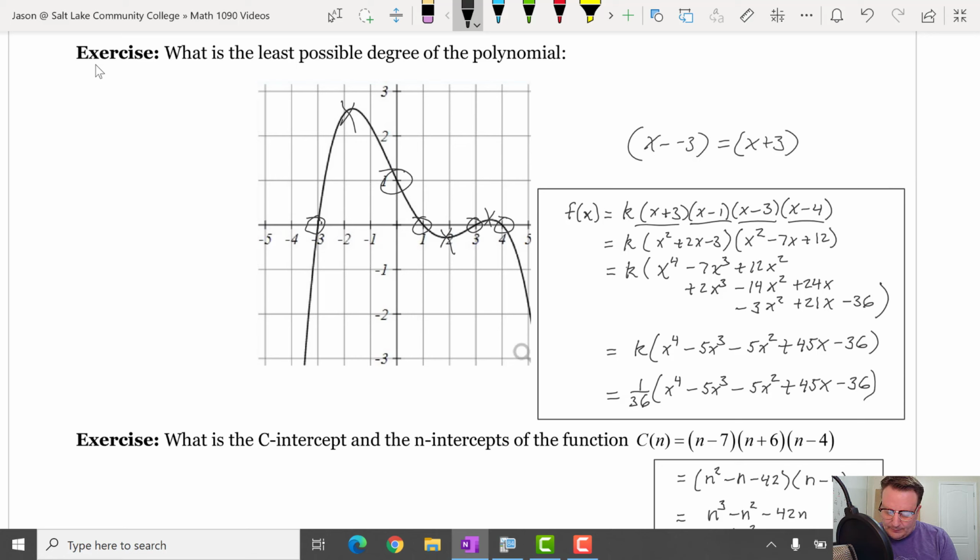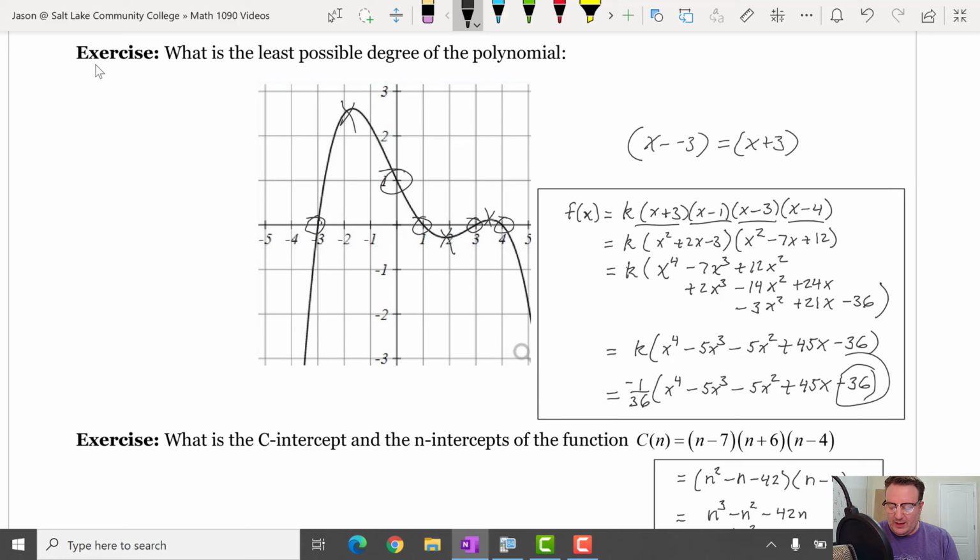Oh, I actually have a small mistake here. My k should be negative 1 over 36, shouldn't it? In order to get a y-intercept of 1, notice that the y-intercept of a polynomial always corresponds with the constant term at the end.